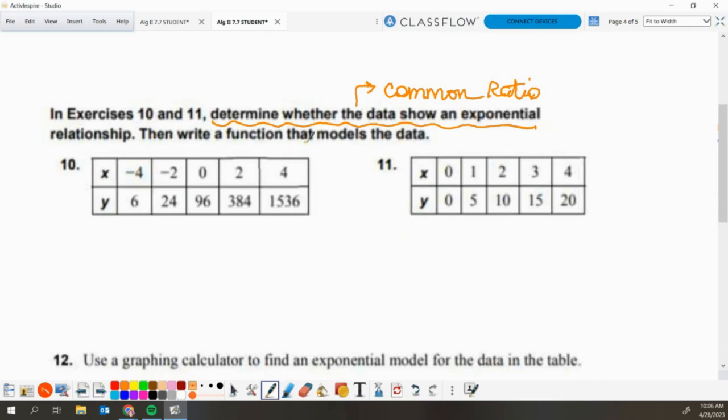Then it says write a function that models the data. That's where you're going to go to the regression. Okay, so that's what you would do in a problem like that. So that's kind of combining what we did on page 1 with what we did on page 2. All right.